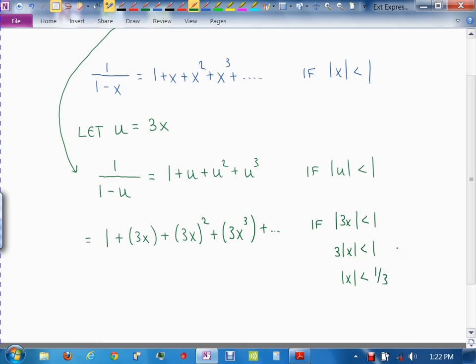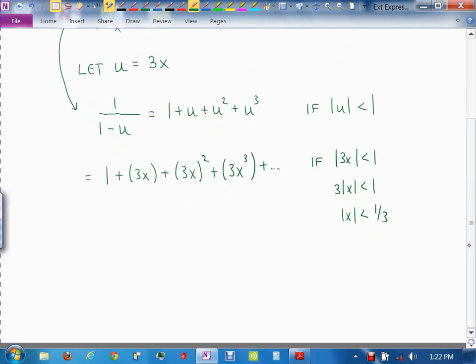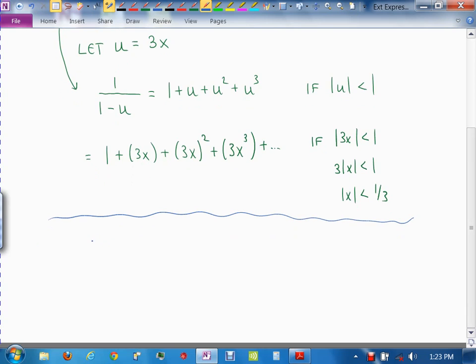Okay. We want to be able to write it down like this, but we also want to be able to write it down in its sigma notation. Sigma notation. So what I'd like to do is approach the same problem with a slightly different tactic here, all right? What I'm going to do is write down the original problem again. It was 1 over 1 minus 3x, right?